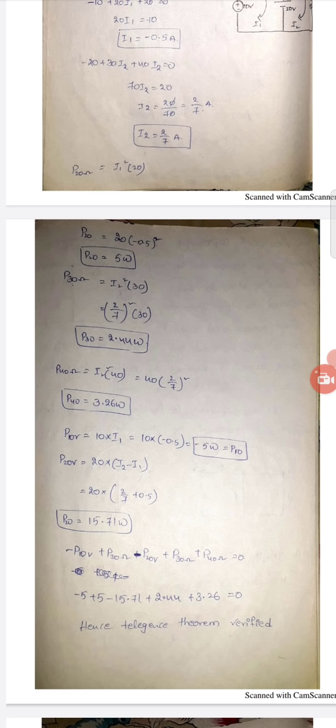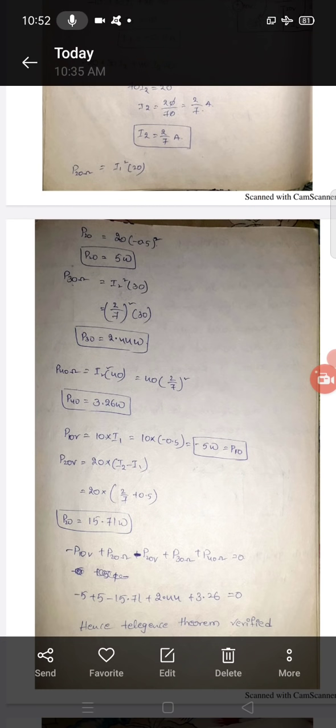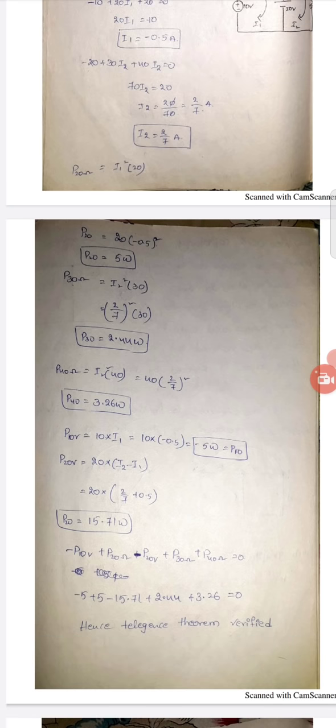Otherwise, you can substitute in the sum of powers equals 0, that is minus 5 plus 5 minus 15.71 plus 2.44 plus 3.26 equals 0. Hence Tellegen's theorem is verified, right?